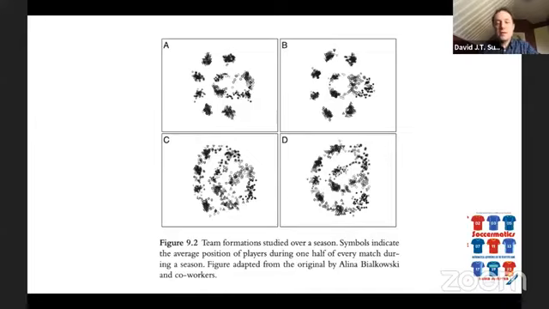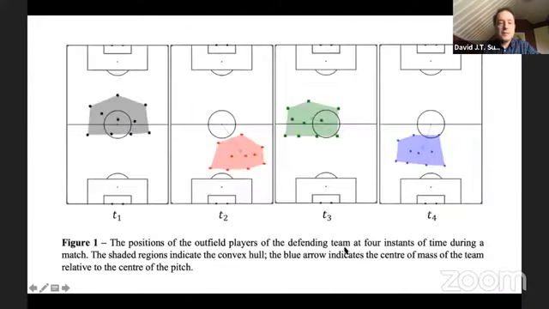Since Alina's work, this has developed somewhat. This is a nice paper. I forgot to give the credit there to Laurie Shaw, who has been working a lot on these formation things. This is one part of his work where he looks at defensive formations at 4 instances of time during the match, with the ball in different places.